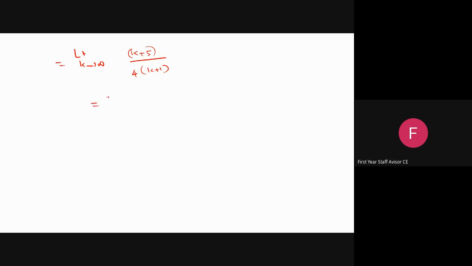That means limit k tends to infinity. For this type of question, (k plus 5) by (k plus 1), what will we do? Take k outside: 1 plus 5 by k divided by 4 into, from here also taking k as constant, 4k into 1 plus 1.